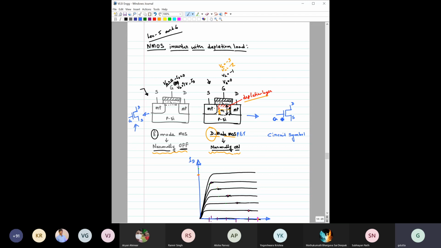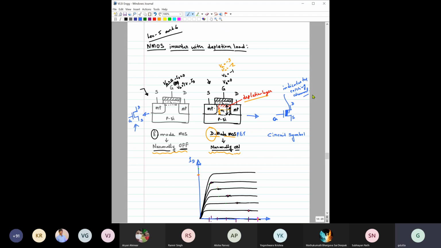The only thing is that to represent that the channel already exists, even before any gate voltage has been applied, we indicate this by a thicker line here. So this indicates the existing channel, right?